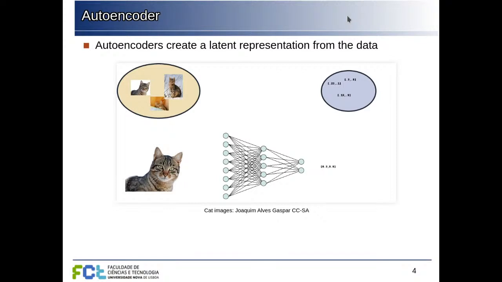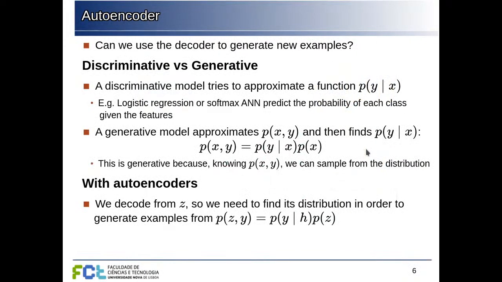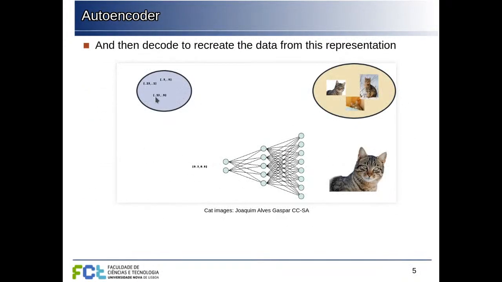So if we have an image of a cat, we can use the autoencoder to create this latent representation, and then we can use the decoder, but in that case we will obtain the same image. If the autoencoder is properly trained, it will be the same image or very close to the same image. The question is whether or not we can find some example here that is not present in the training set, but it would still create a cat image, a different cat image.